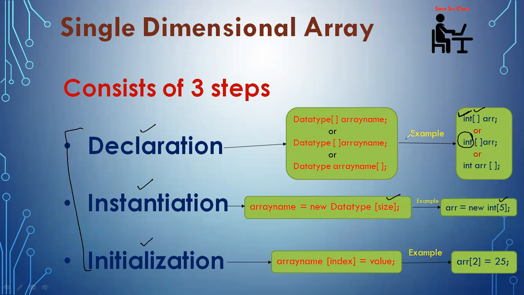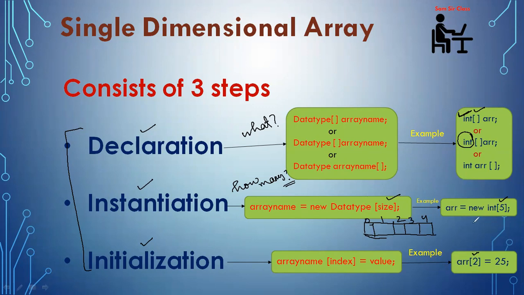So during declaration you say what, and in instantiation you say how many. If you write 5, then 5 memory blocks will be given to you, starting from 0, then 1, 2, 3, 4. And in initialization you can directly assign a value to a particular index.